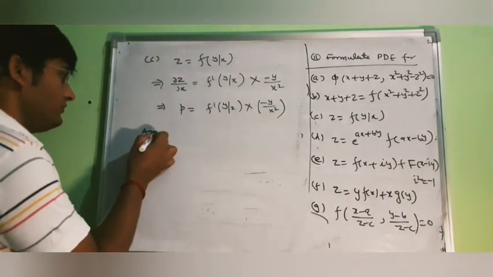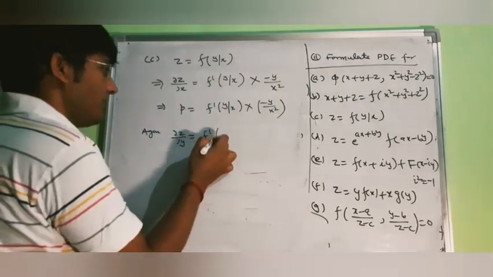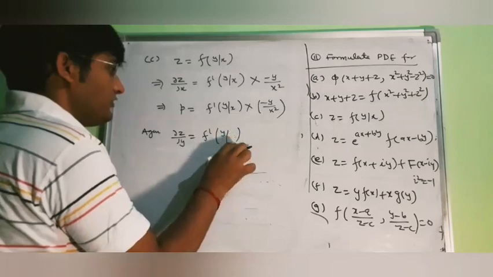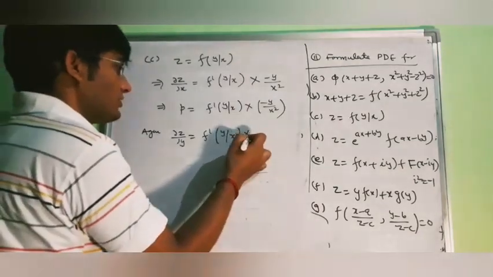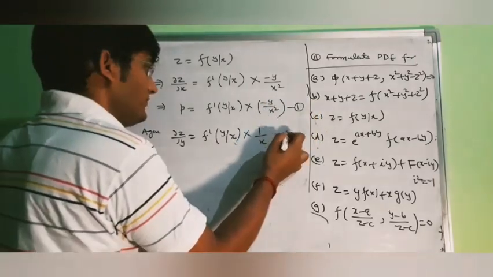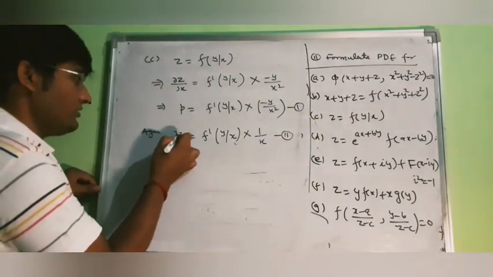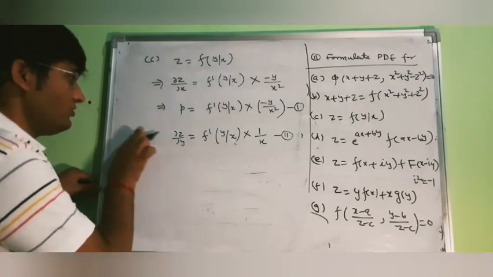again del z upon del y will be, now the differentiation of this function will be f dash, and the partial differentiation of this y upon x with respect to y will be your 1 by x. Let us divide this equation number 1 and 2. So this will be your del z upon del y, and this is your q.